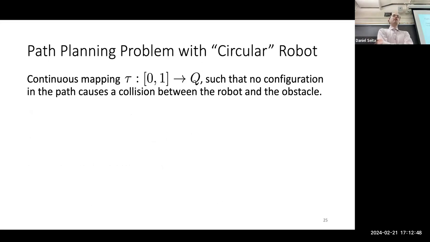All right, so armed with the knowledge of configuration spaces, we can now talk about a path planning problem. We desire a continuous mapping function such that no configuration in the path causes a collision between the robot and the obstacle.